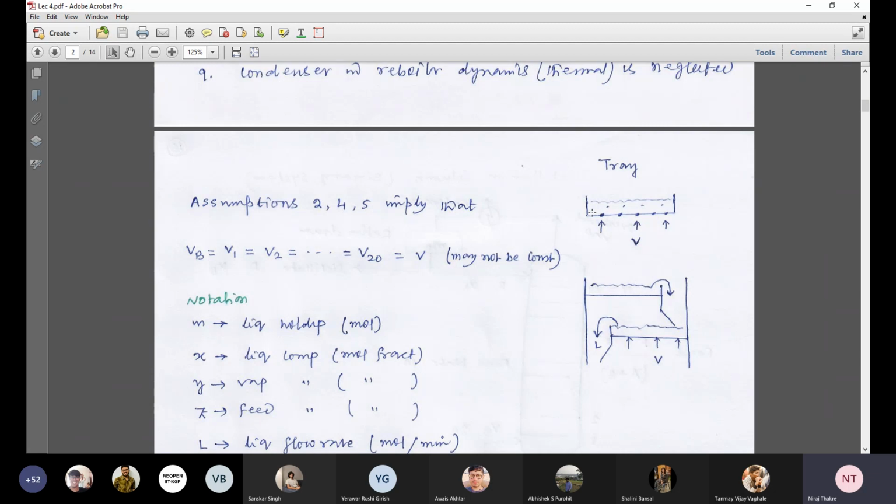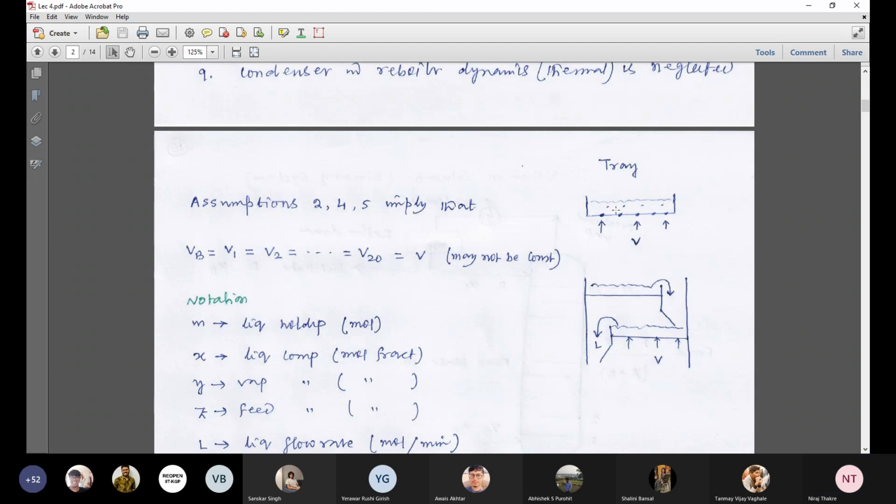Now you see, liquid and vapor are coming into contact. So usually the more volatile component will transfer from liquid to vapor. Agree or not? I repeat, liquid and vapor are coming into contact, so the more volatile component will transfer from liquid to vapor phase.